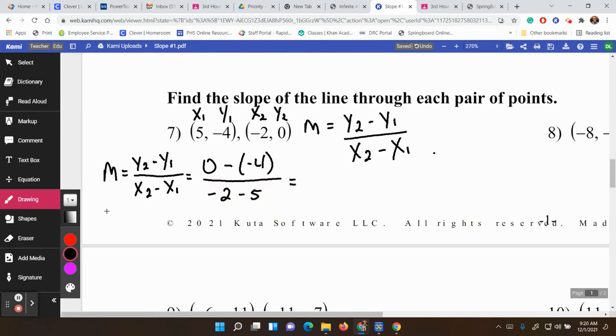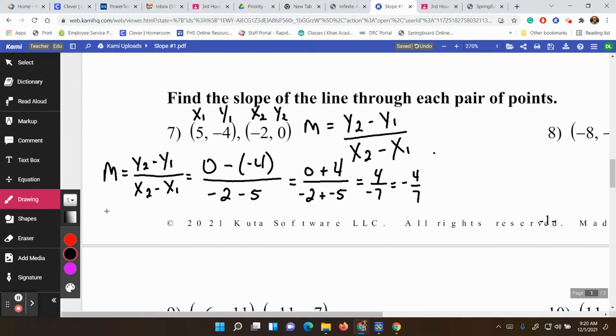We know that two negatives make a positive, so this is 0 plus 4, and this is the same as saying negative 2 plus a negative 5. So this is 4 over negative 7, which is a negative 4 over 7.